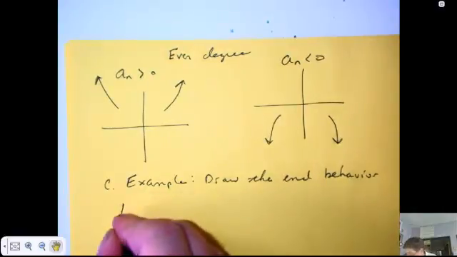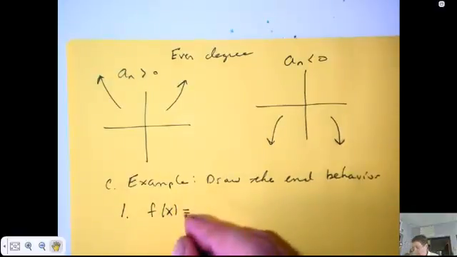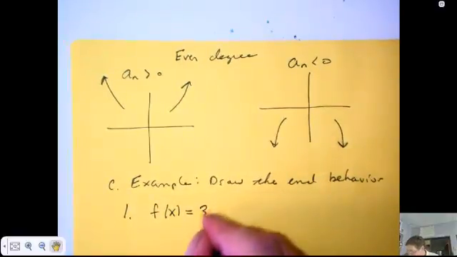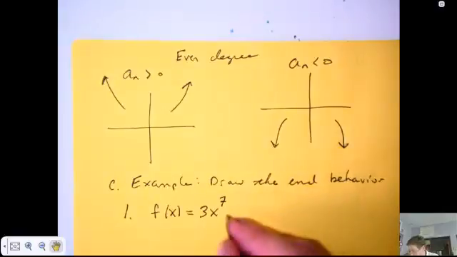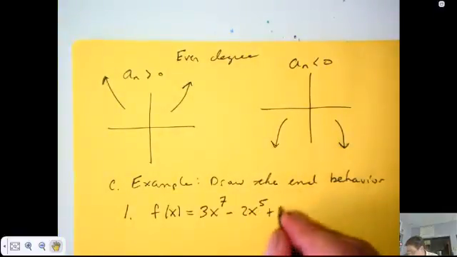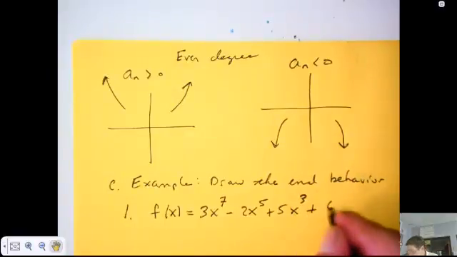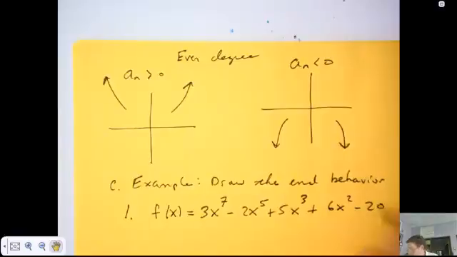So first one I have f of x is, let's do 3x to the 7th, minus 2x to the 5th, minus 5x cubed plus 6x squared minus 20.